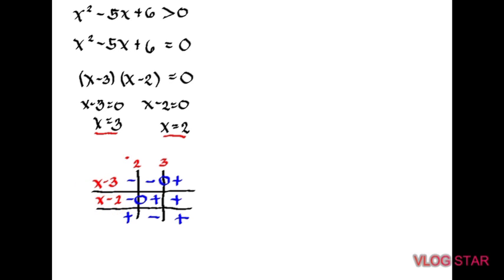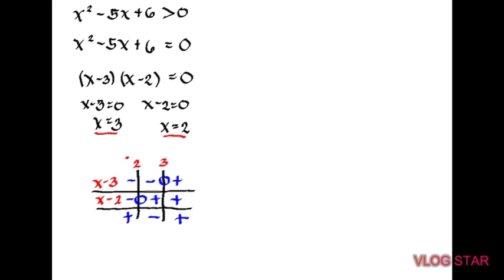And then if you see here, we have zeros and signs written in blue. So how did we do that? Let's take the values of x, 2 and 3. Let's start with 2. We will be thinking which among x minus 3 and x minus 2 will give us 0 when we substitute 2. That will be x minus 2. If we substitute 2 to x minus 2, this will become 2 minus 2, which is equal to 0.